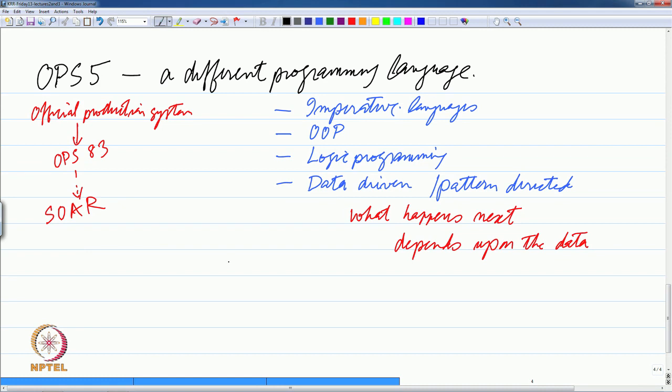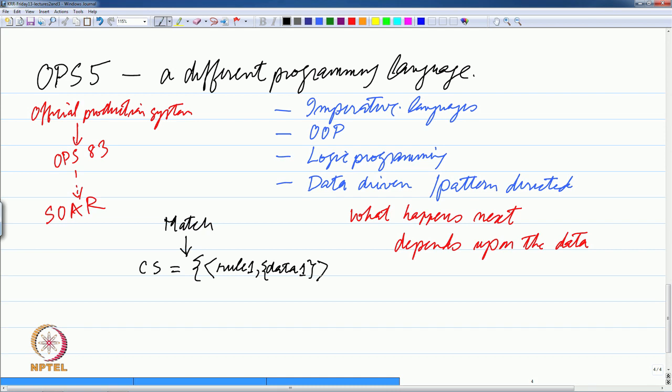So, let us see what is happening here. We have the match phase that we have studied so far, and what it produces is a conflict set, which is essentially a set which contains pairs of rule 1, let us say, with data 1, and this data itself is a set.